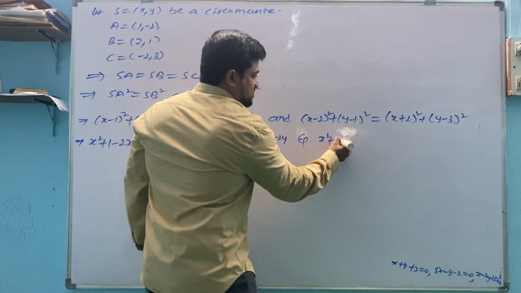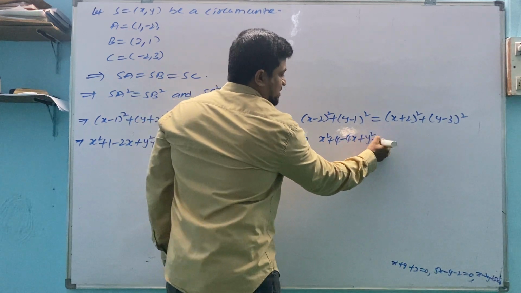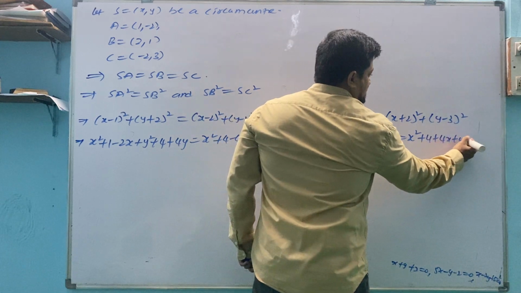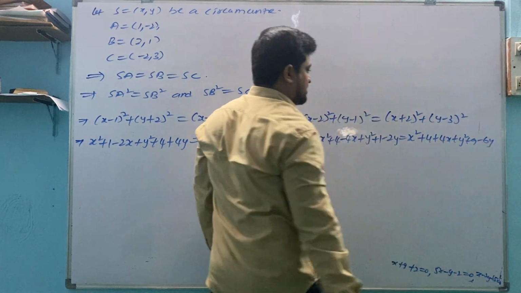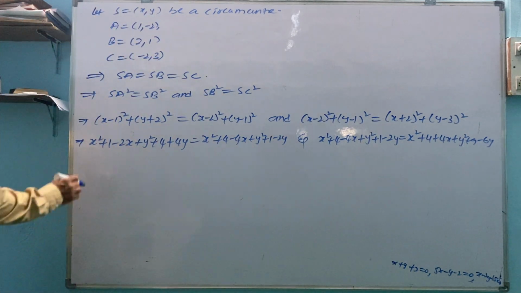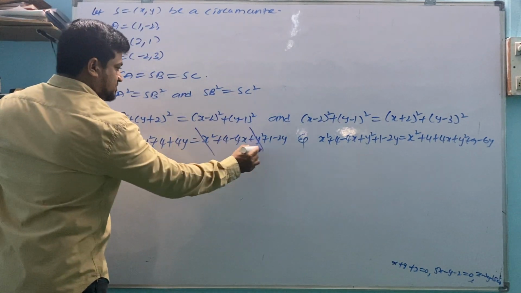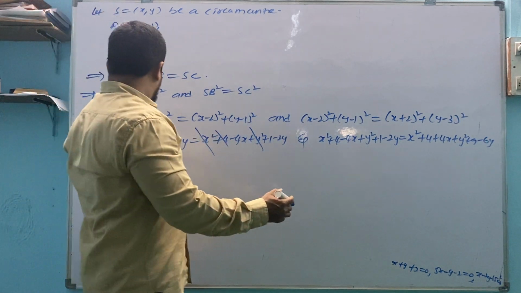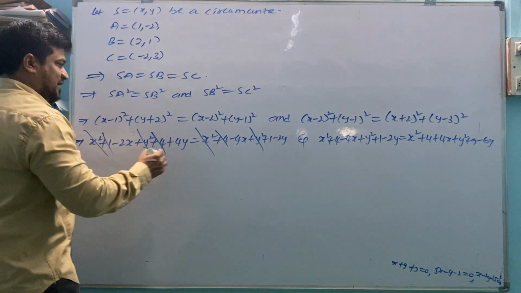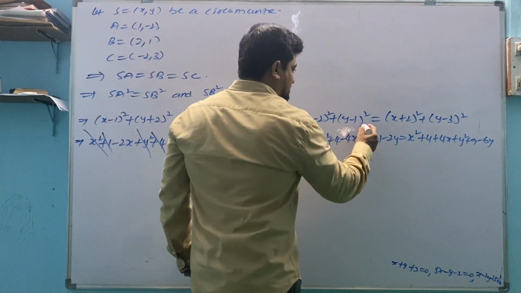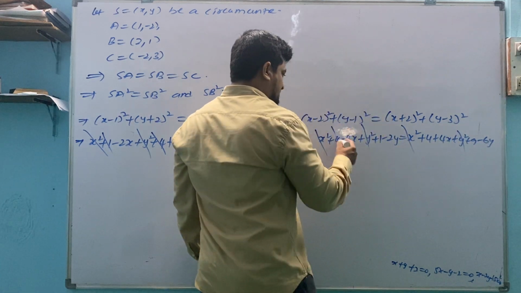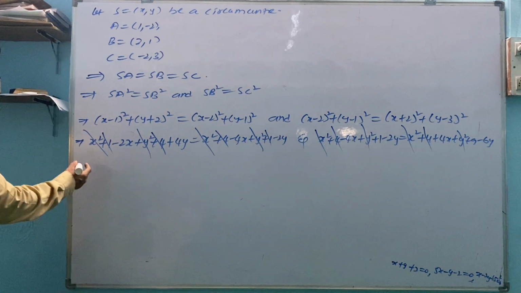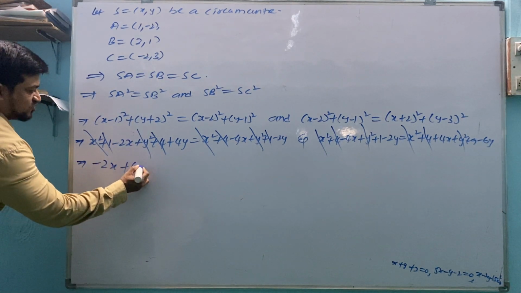Cancelling the same terms on opposite sides, this one is also cancelled. Here x square and y square are cancelled, plus 4 is also cancelled. Nothing else, so we write the terms which remain here: minus 2x plus 4y.